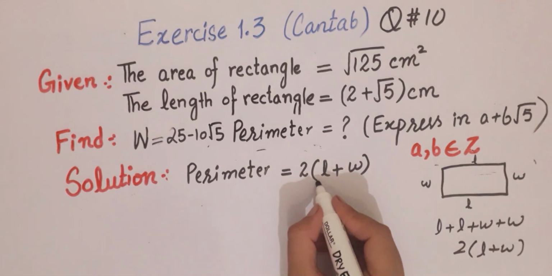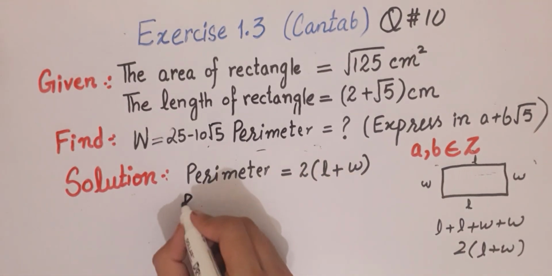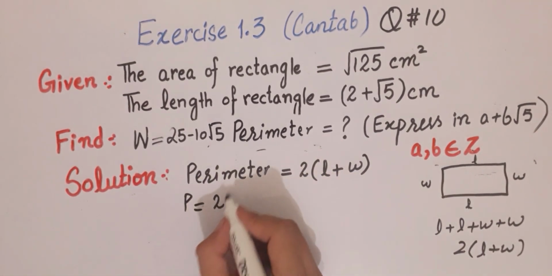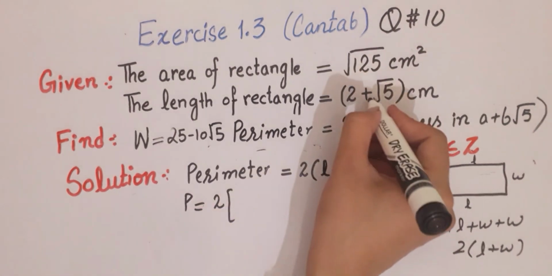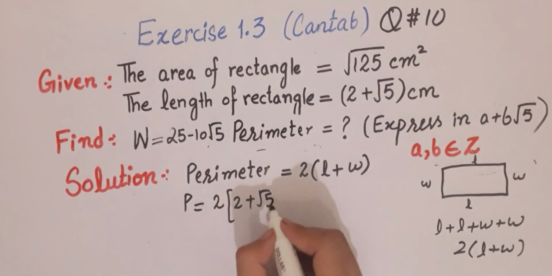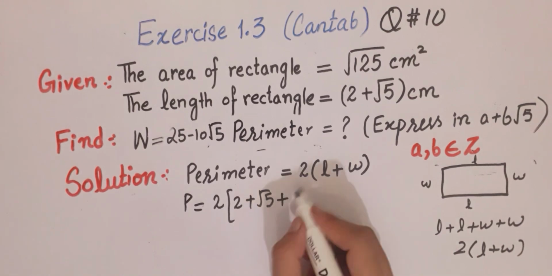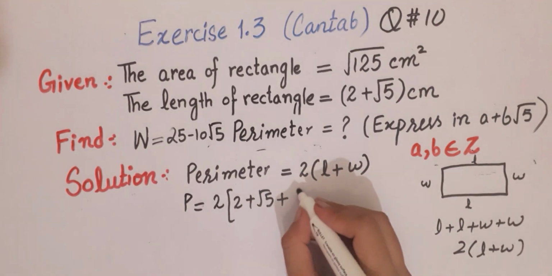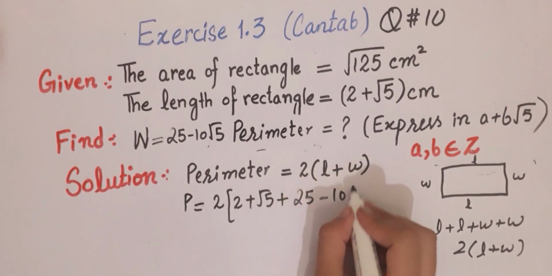We will apply the values. P is equal to 2 into, what is the value of length? 2 plus square root of 5 plus, what is the value of W? 25 minus 10 square root of 5.